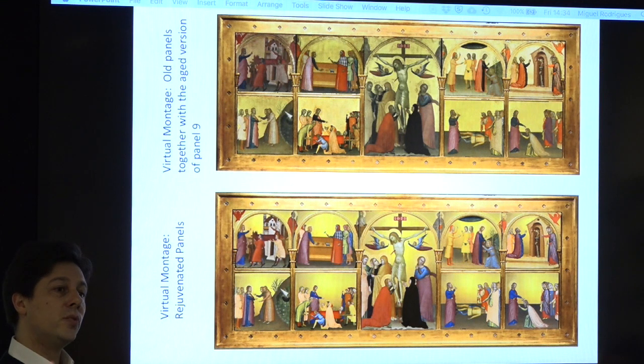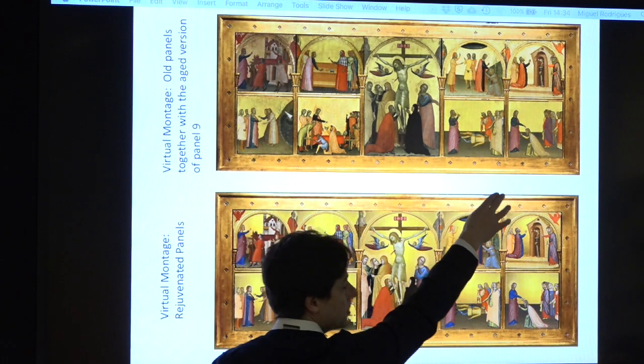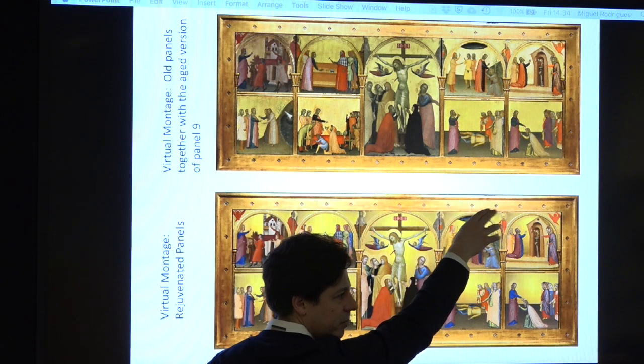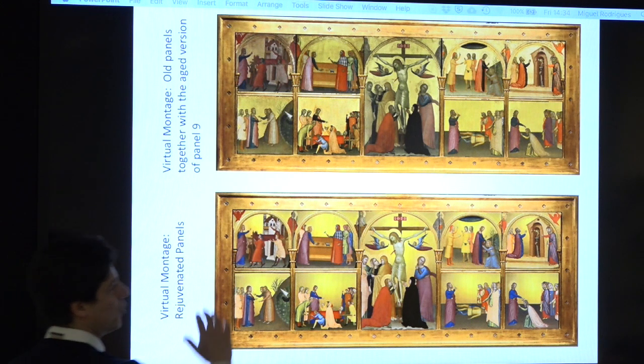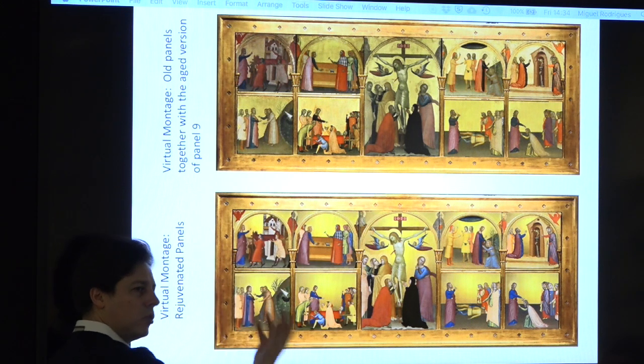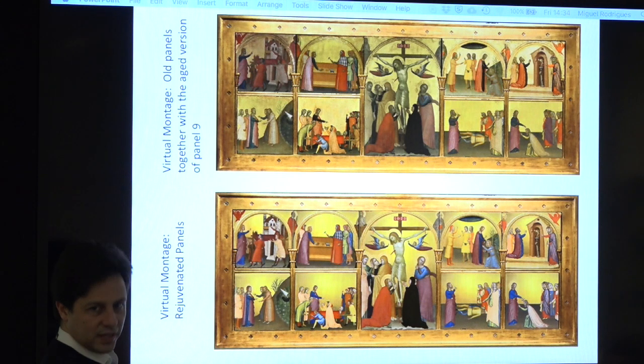So they have learned the relationship between, say, old panels and new ones, and based on that, they were able to virtually age the panel that had been produced, the one at the very bottom there, but also they were able to virtually unage, let's put it that way, the old ones in order to produce a montage of what this particular altarpiece might have looked like in original times.